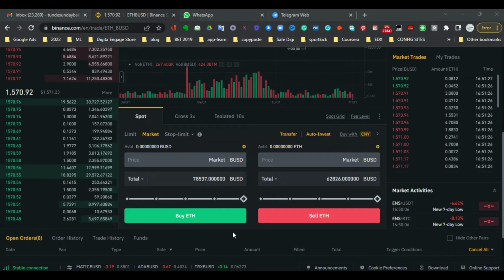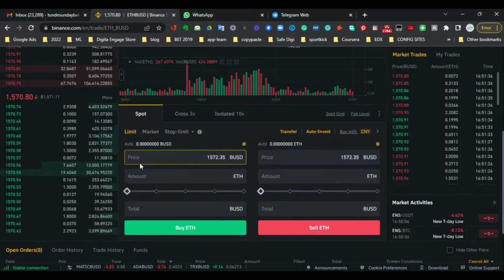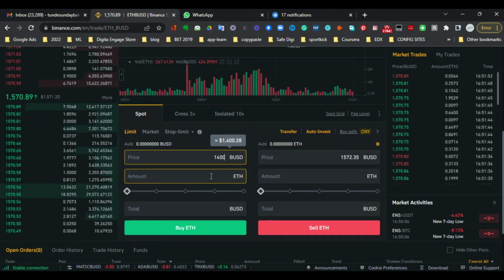Now, limit order example. Let me go to the limit. So let's say we want to buy Ether at 1,400 or below.